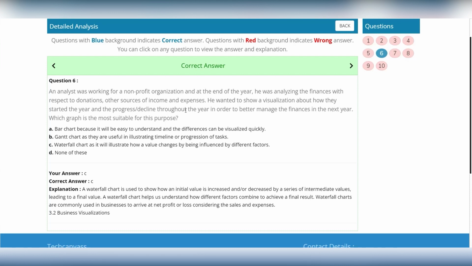What was the progress and decline throughout the year? So that in the end, our goal is to manage the finances in a better way for the next year. Waterfall charts are commonly used in businesses to arrive at net profit or loss, considering the sales and expenses. You can take a look at a waterfall chart example online. You will easily find a lot of examples.